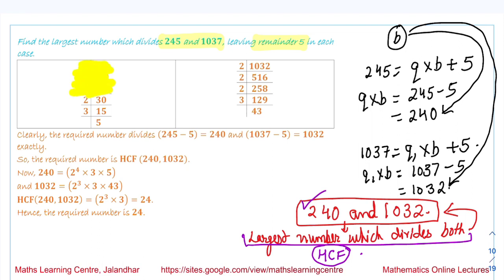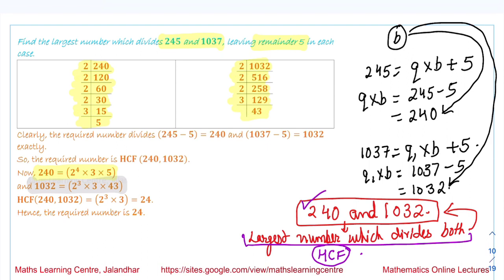We have calculated the prime factors for both these numbers. From this, 240 can be written as 2 raised to the power 4 into 3 into 5, and 1032 can be written as 2 raised to the power 3 into 3 into 43.